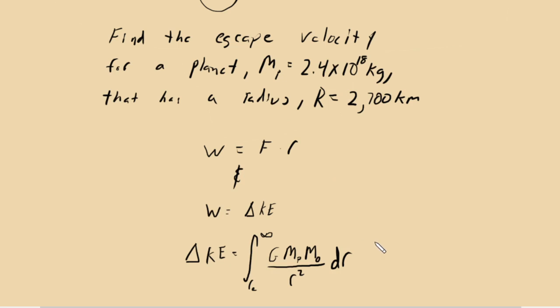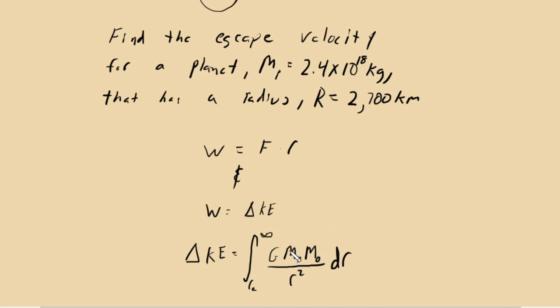And so what we could say is that our change in kinetic energy equals the integral, because our force isn't constant. We can't just sum it up or multiply by some force. We need to take the integral from our initial position to where we want to get to, which we're starting on the radius of, I put an E here, but it should have been P, the radius of the planet, and we're going off to infinity because we don't want it to return.